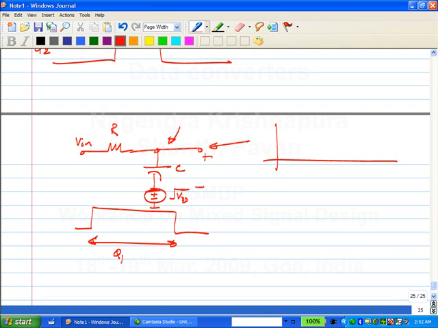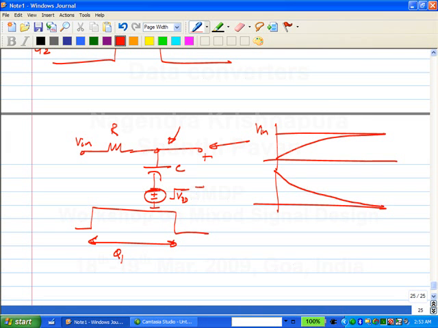If there was Vin, which is also a step, then it will eventually reach Vn. Alright. On the other hand, if there was VDD, what will happen? It will discharge to ground with this time constant.